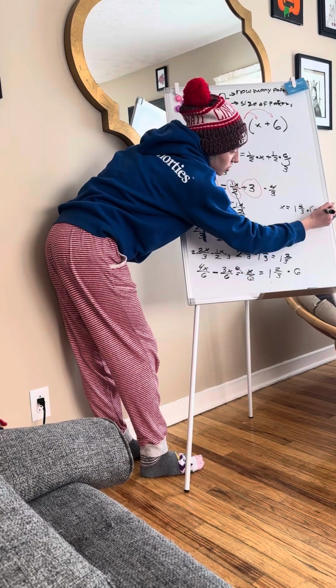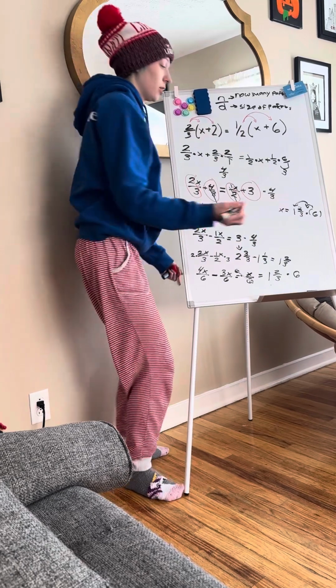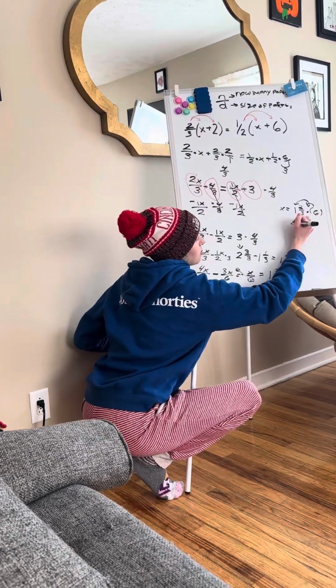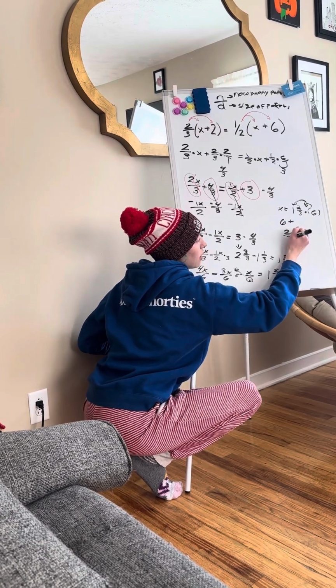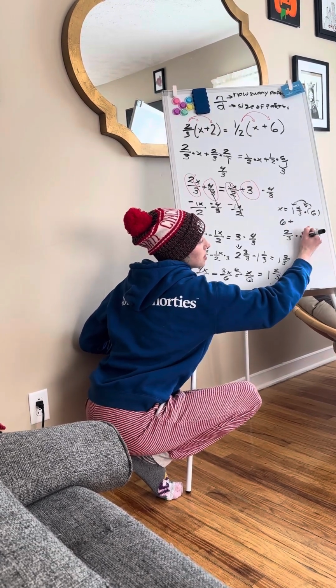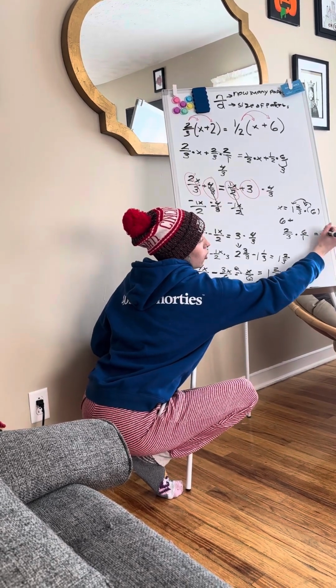Now I have to distribute my 6 to both the 1 and the 2/3. So when I get 1 times 6, I get 6 plus, now we have to do that. I can write my 2/3 times 6 over 1 to find that I get 12 over 3.